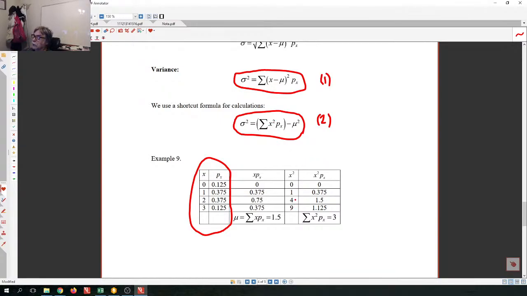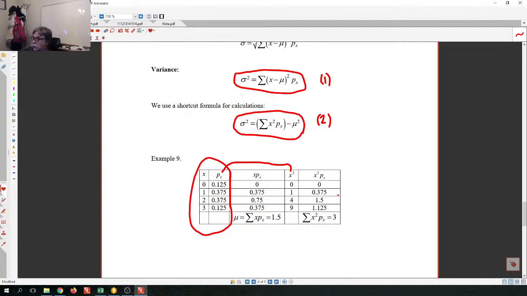Okay? And now you do the same thing again. You're going to multiply the probability mass with the square to get the expectation of a square. So when you multiply p(x) and x squared, you get x squared times p(x), or p(x) times x squared, it's the same thing. So you're multiplying 0.125 times 0, which is 0.